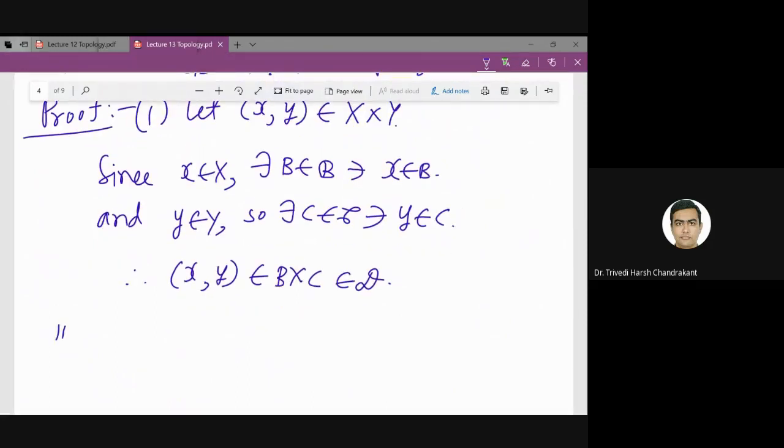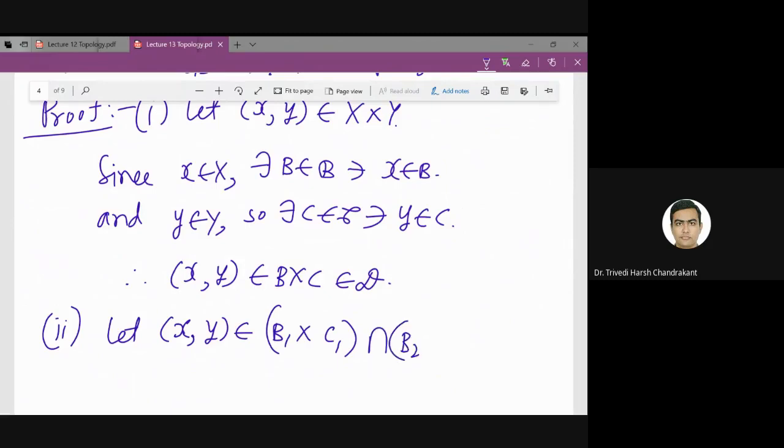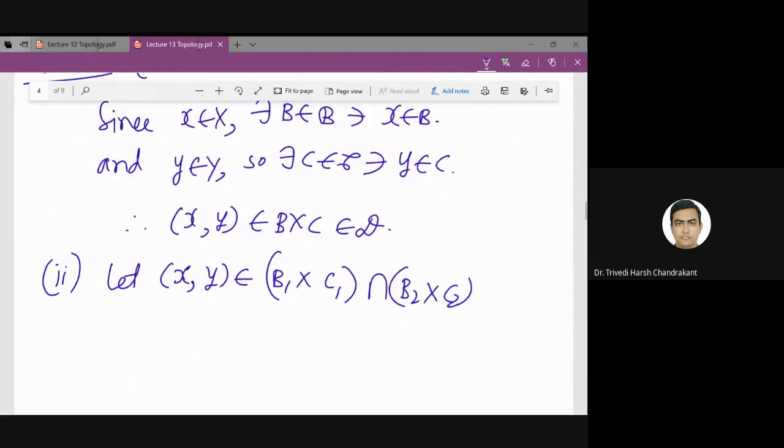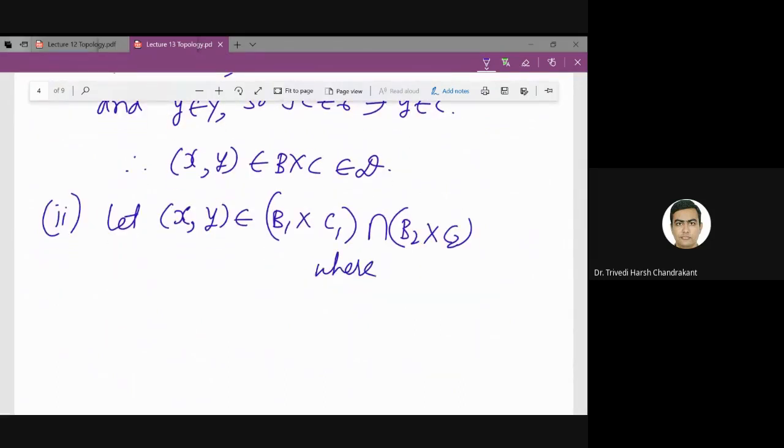The same way, we take (x, y) belonging to two such elements: B1 cross C1 and B2 cross C2, where B1, B2 belong to the basis B and C1, C2 are elements of the basis C.